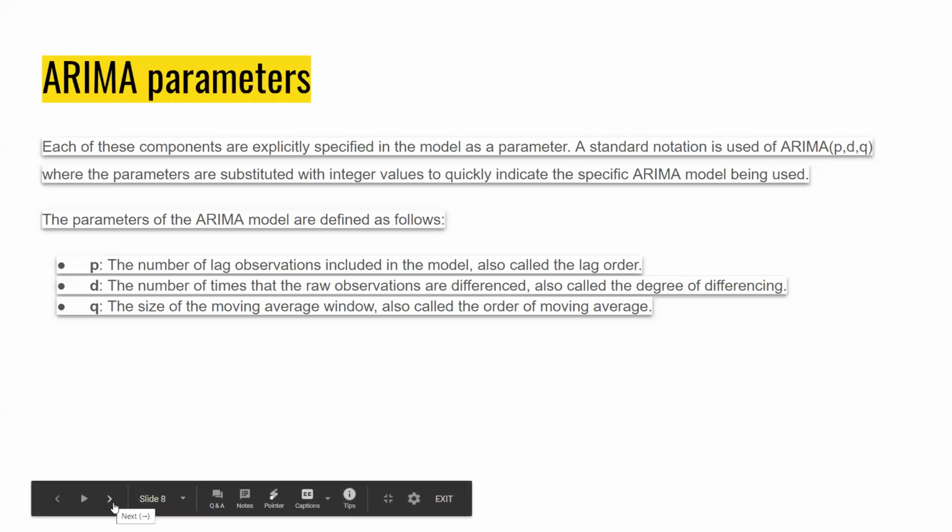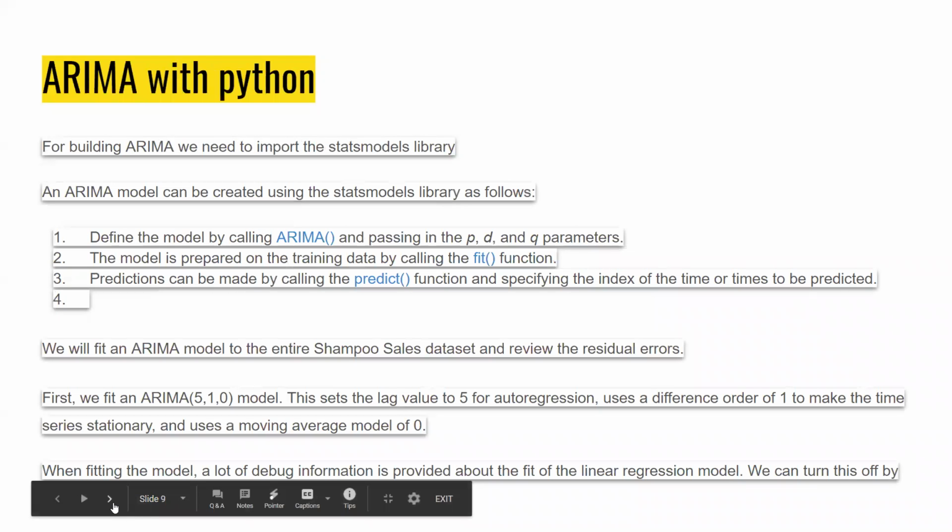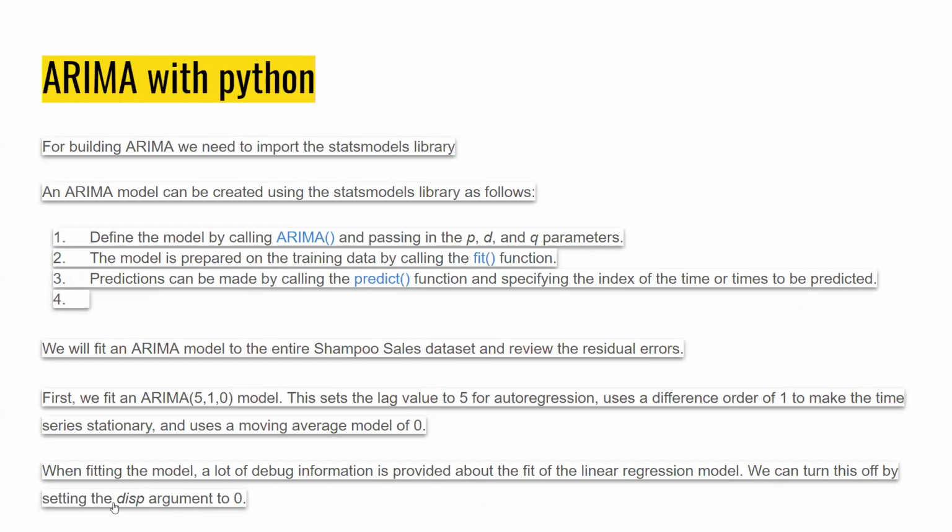So this is also theory. For building an ARIMA model, we don't have scikit-learn, but we have statsmodels. So we are actually going into statistics to use it. The steps are similar. It's just that we have to identify the P, D, and Q parameters for a particular time series.